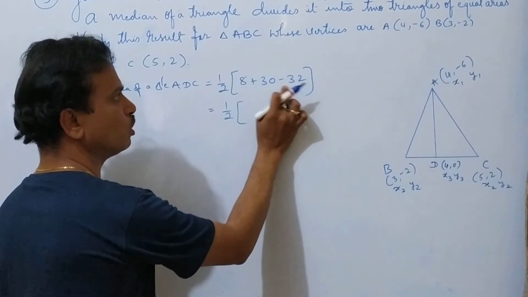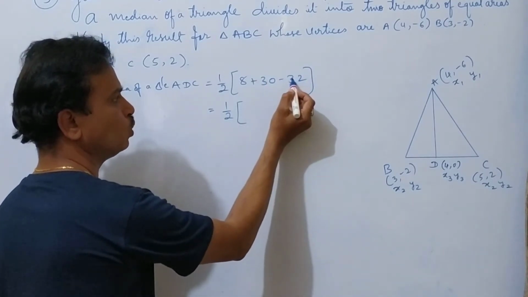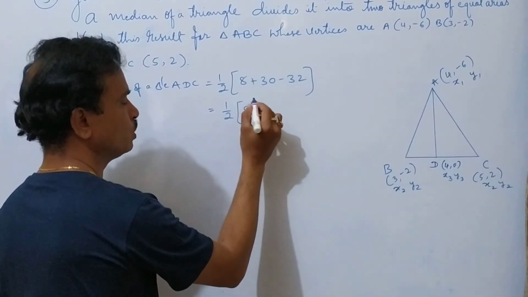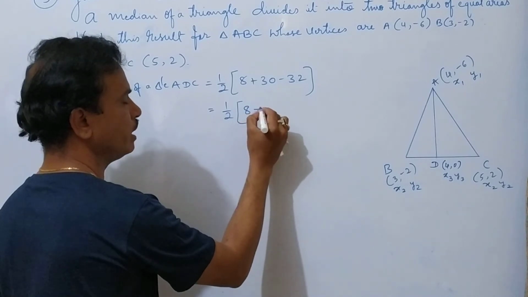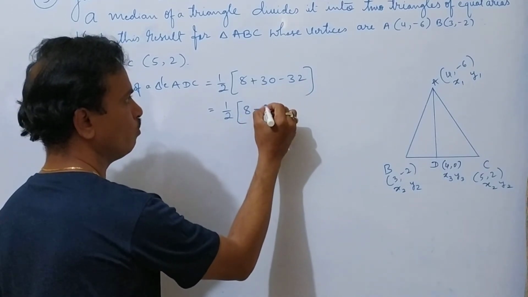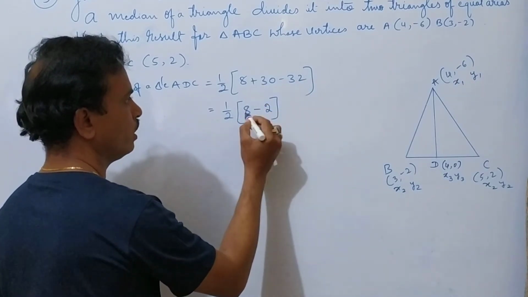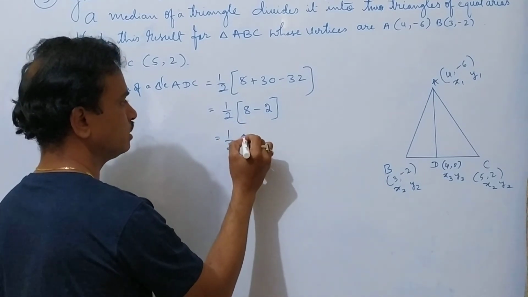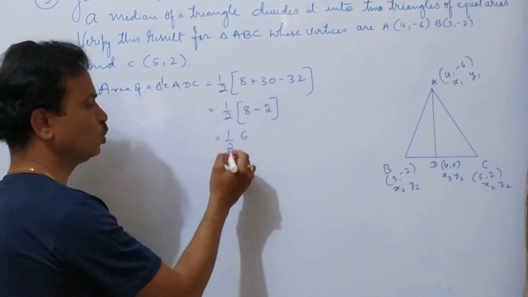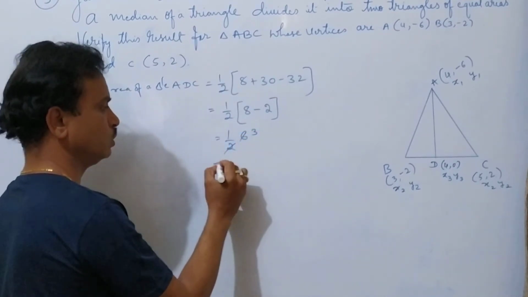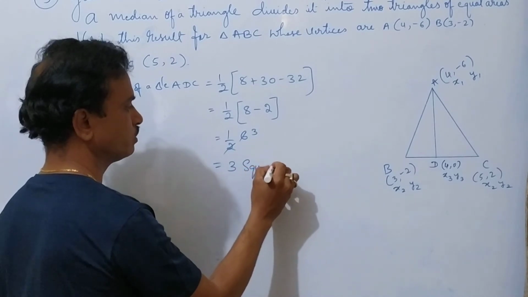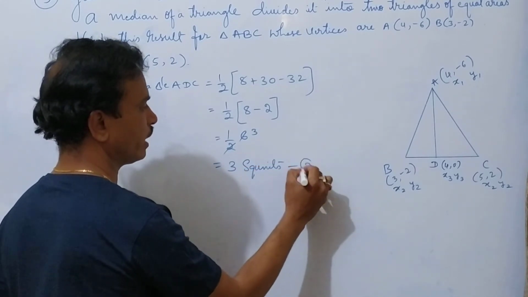Subtracting, 38 minus 32 is 6, and 2 3s are 6, so this is equal to 3 square units. This is the second.